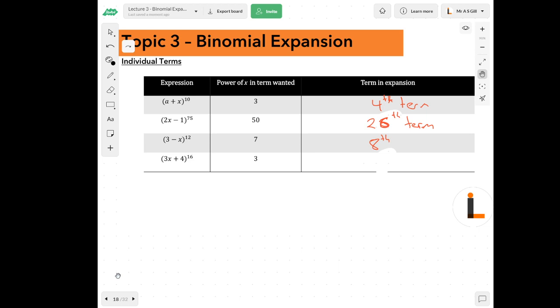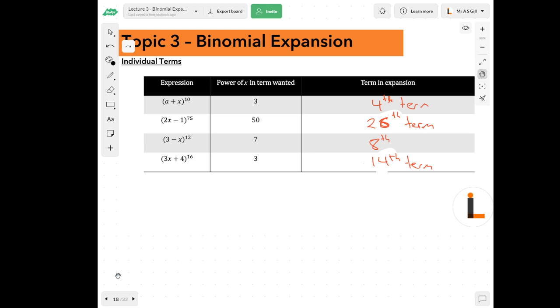So 26th term. By the same logic, then, at the bottom we want power of x cubed. So we're trying to find x cubed. We're going to get the 14th term, right? The 14th term. Again, a reminder, this is because we start at 0.